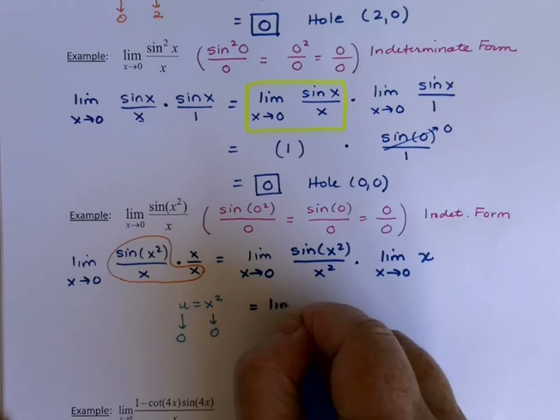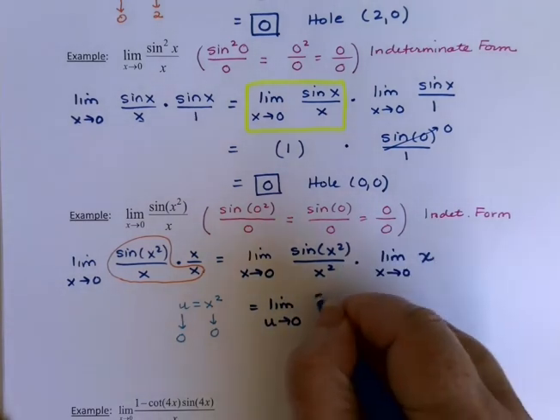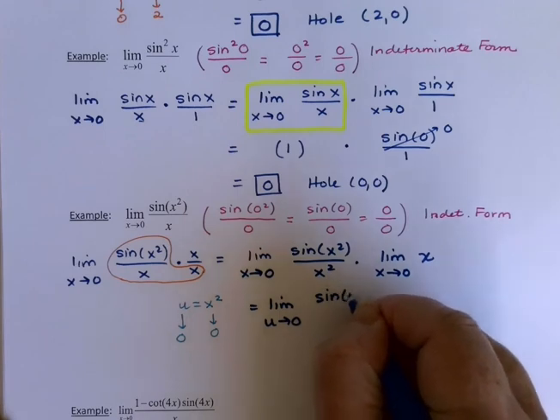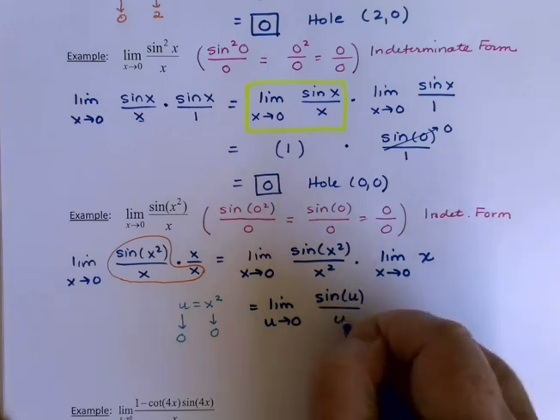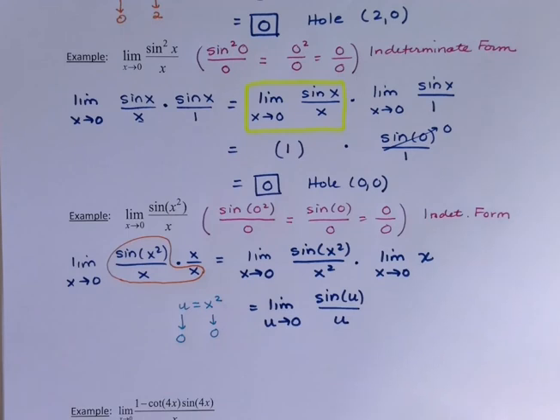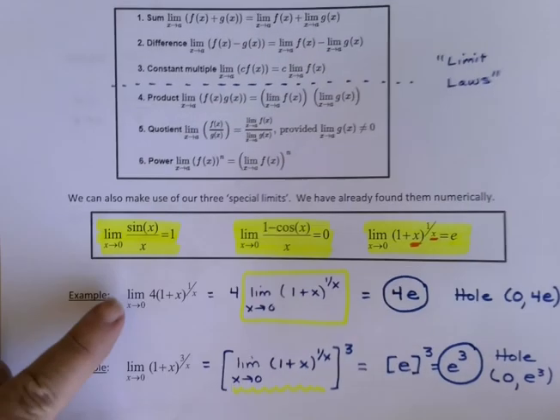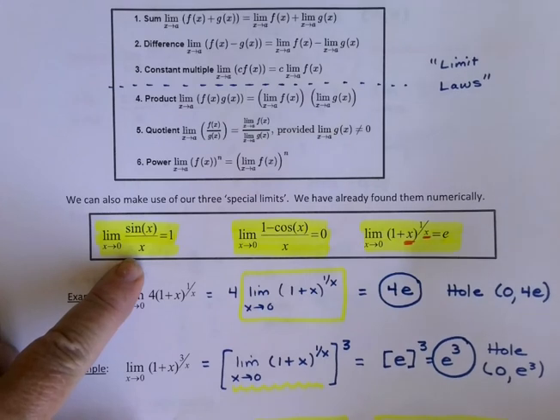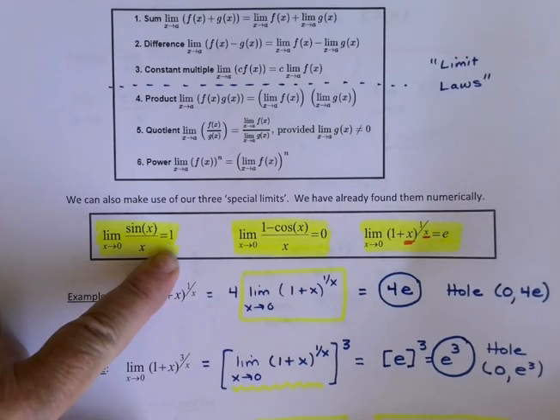So I would have the limit as u approaches 0 now, and that will become sine u over u, which is exactly what I want. Other than the fact that I've used a different letter, that's a perfect match for this limit. So that's just going to be 1, no problem.